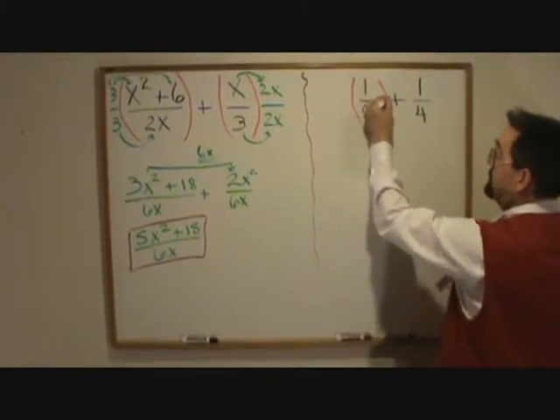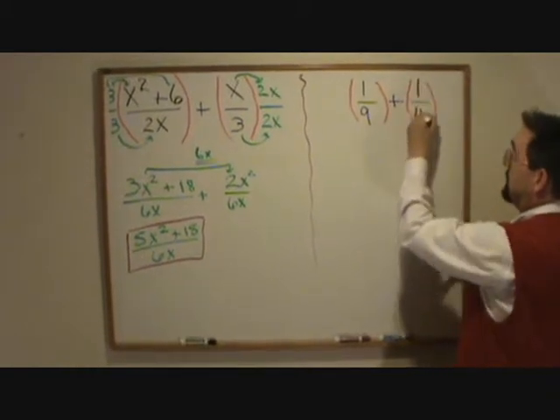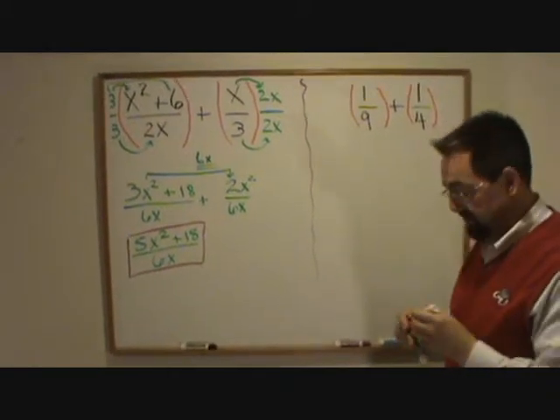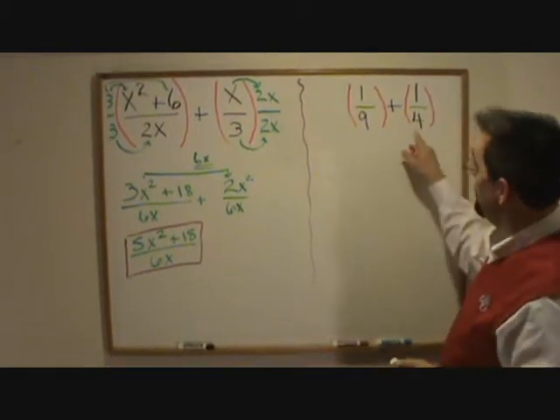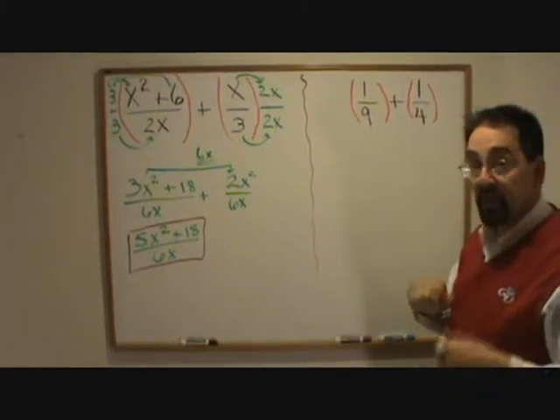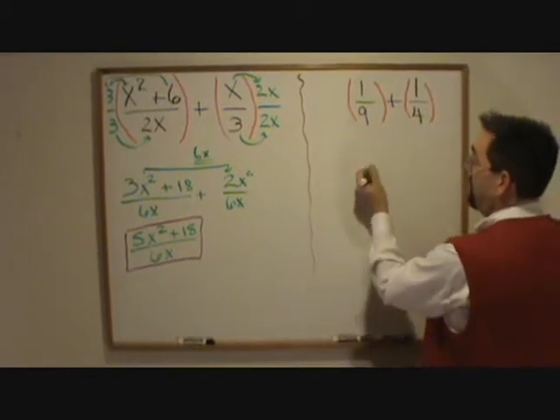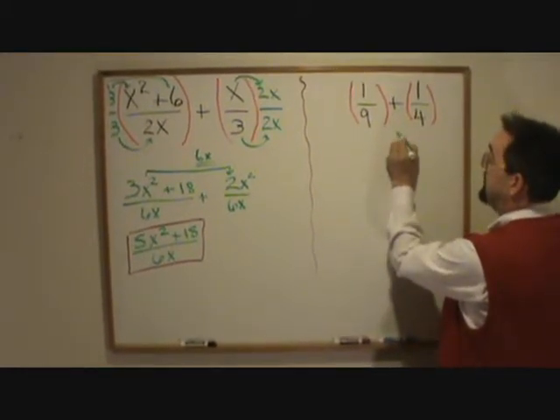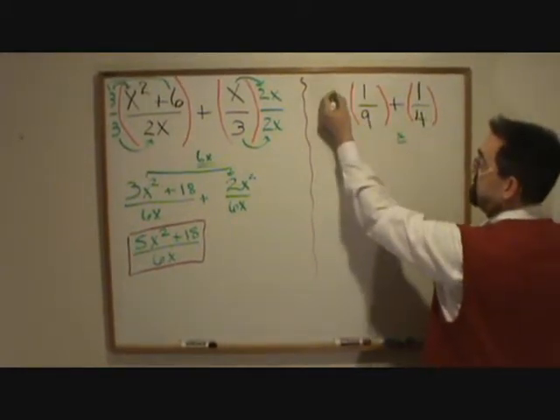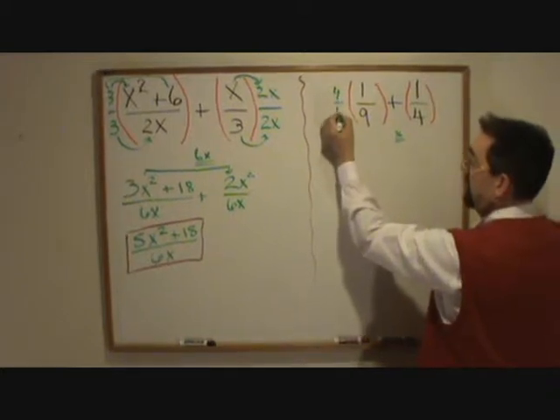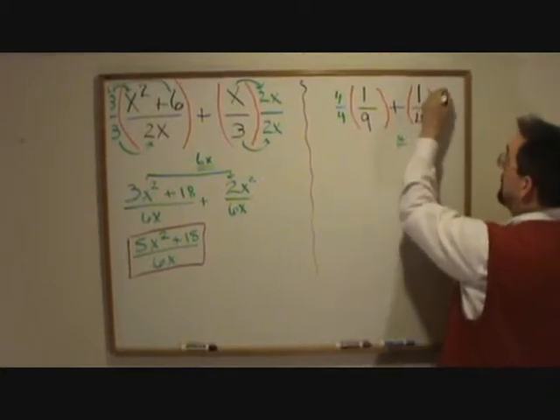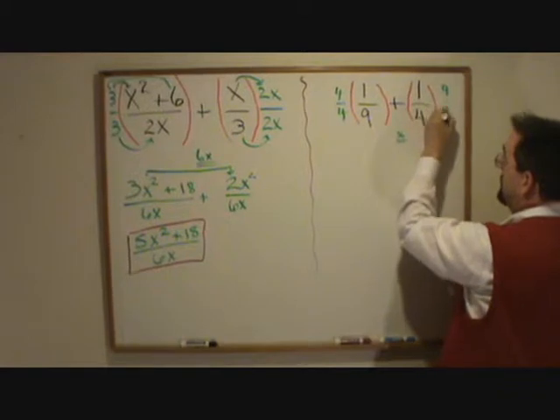The first thing I do is put parentheses around both of those fractions. Then we need to find the lowest common denominator. The quickest way is 4 times 9. If our goal is to have 36, this one's missing a 4 over 4, and this one's missing 9 over 9.